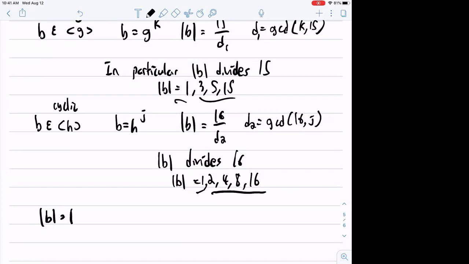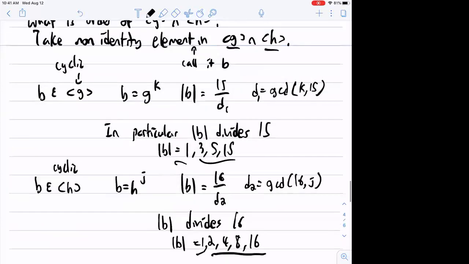You only have a single element in your group that has order 1, the identity. So what must B be? B must be the identity. No other element to the first power is the identity.